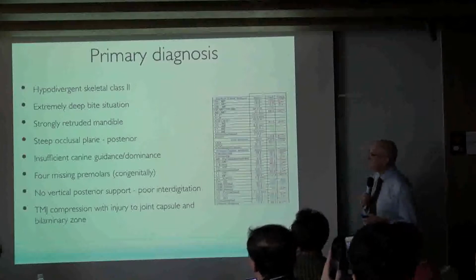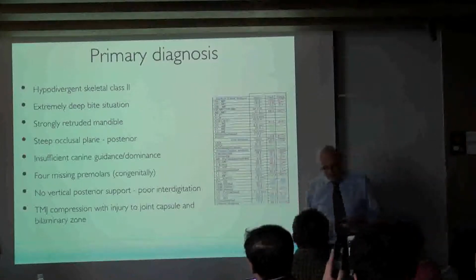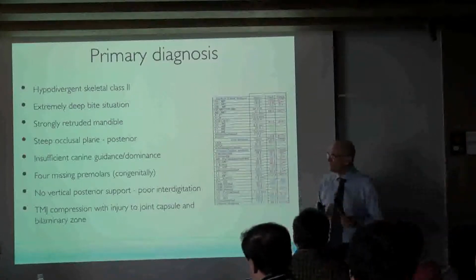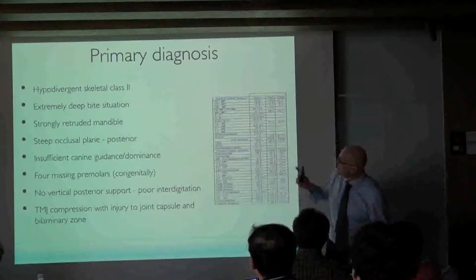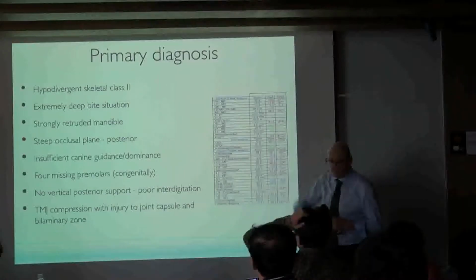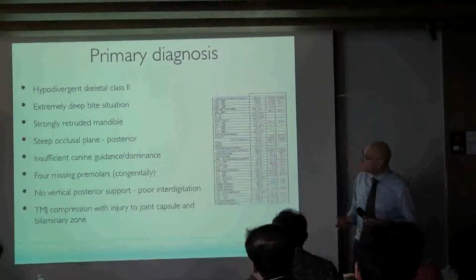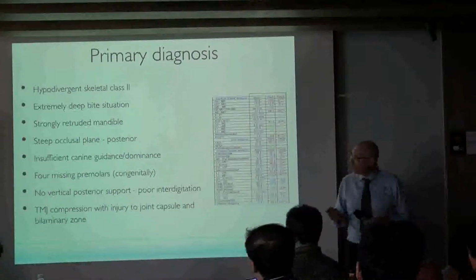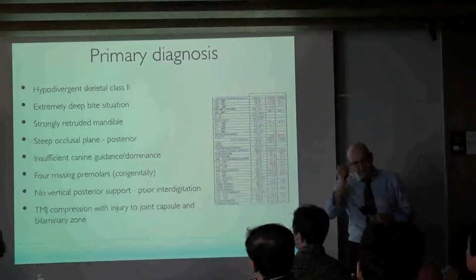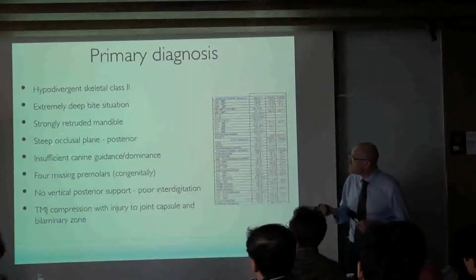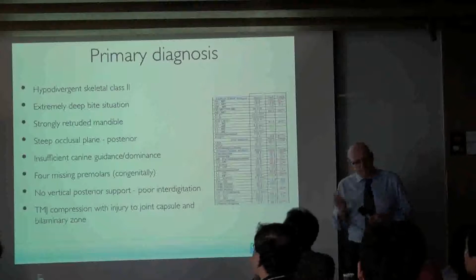Okay? So, I make a summary of this case, and then we go to the practical part. Just 1 minute. So this patient has hypodivergent skeletal class 2. Deep bite situation. She has a retruded mandible and retruded condyles. She has a steep occlusal plane in the posterior area.